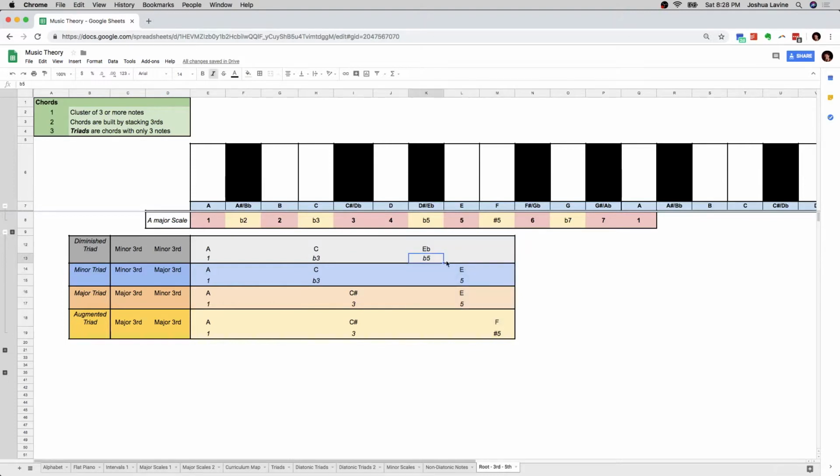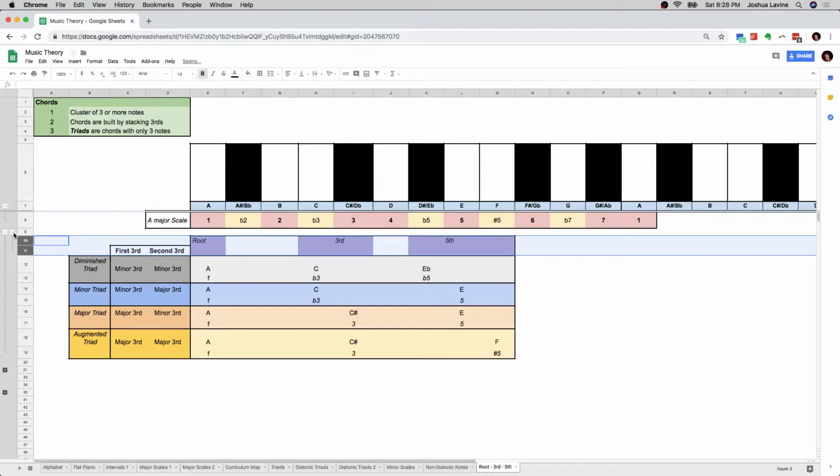So we have flat fifth, normal fifth, or sharp fifth. And so just to keep everything nice and clean, we have root, third, fifth of each triad. And the root is always going to be 1, because whenever you hear the word root, you're going to think 1 to yourself. And there are 2 possibilities of thirds. There's a flat third and a normal third. And now there are 3 possibilities of fifth: flat 5, normal 5, and sharp 5.